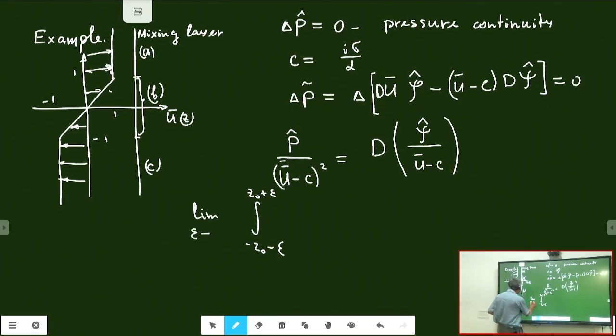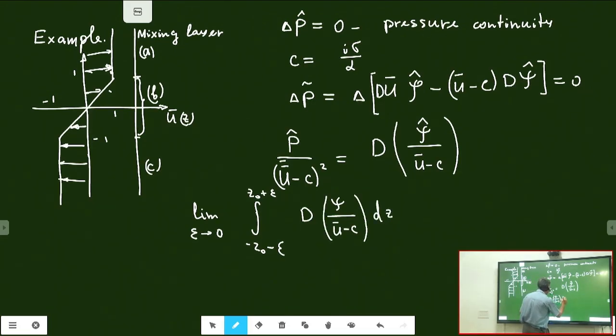Limit as epsilon goes to 0 of the integral, which will simply be, of course, the jump.